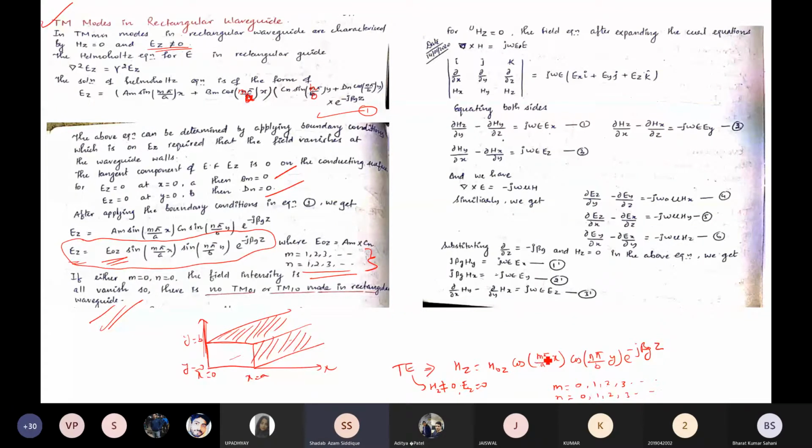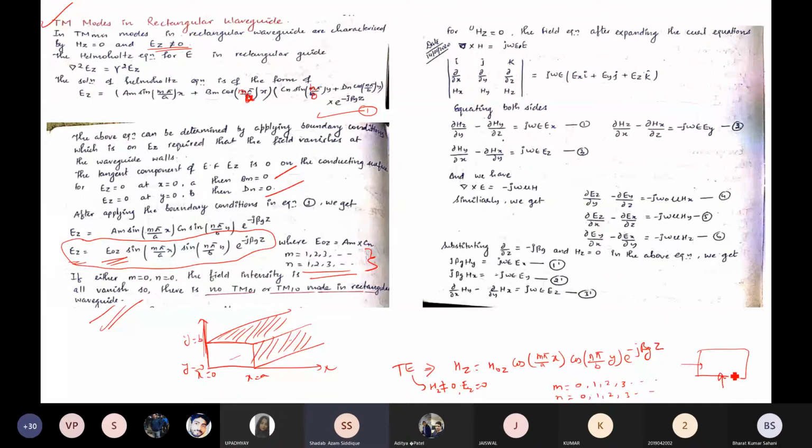Mathematically it is okay. If both are 0, then we have H naught z e to the minus j beta g into z. But if both become 0, inside this waveguide we cannot see the peak on this side or this side, so there is no wave propagating inside this waveguide.